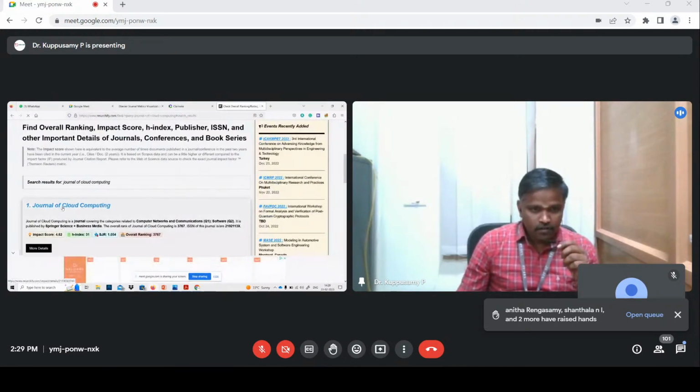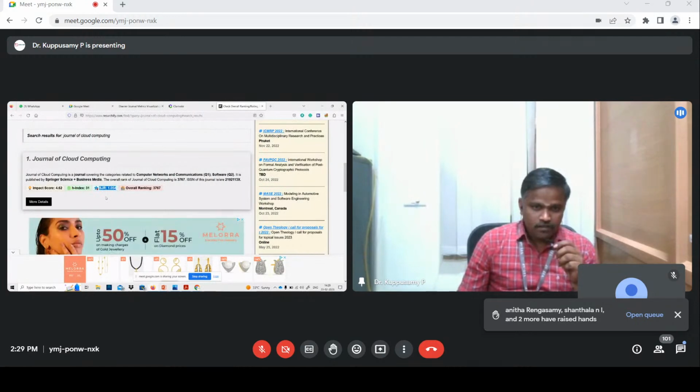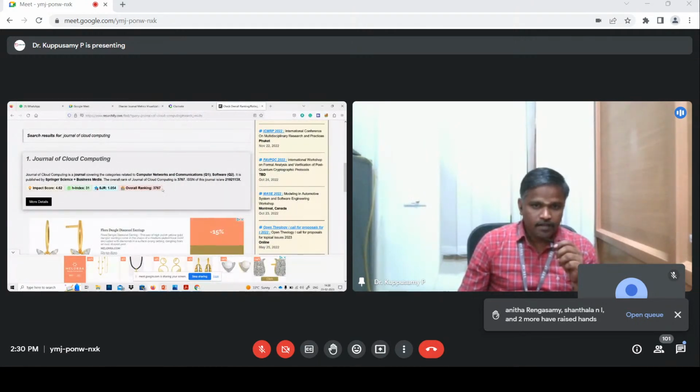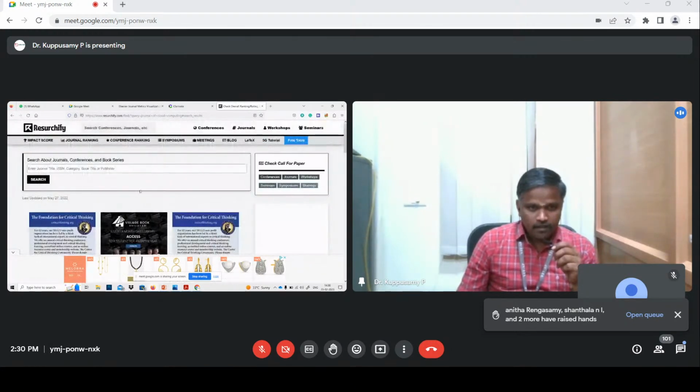So Journal of Cloud Computing, I have given, it is giving you the result, which is having the impact factor 4.62 based upon the previous citations, and H index is also there. And this is one of the rankings, right? So journal ranking 1.054 and overall ranking of this journal is 3767. So like that, you can give different journals.